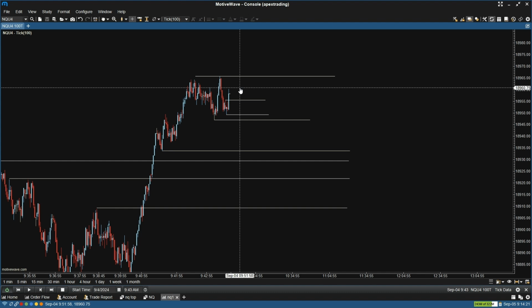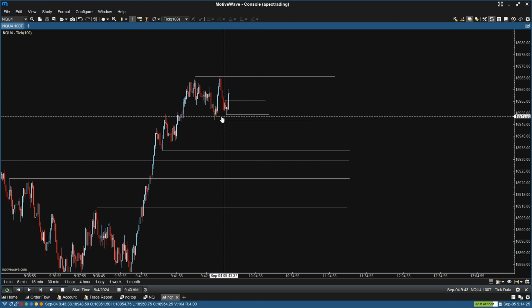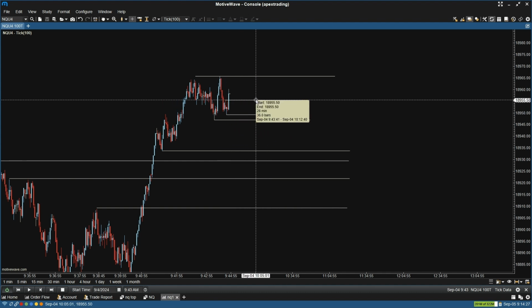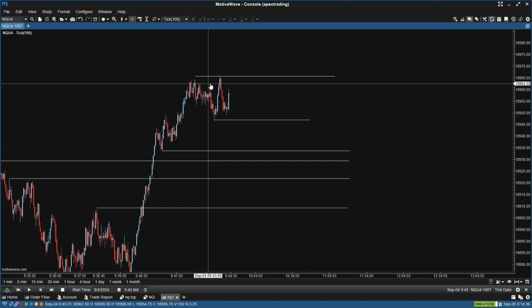And we cut long here and risk it there, but yeah, it's too small for the time frames. I'm just gonna wait a little bit. Maybe we're gonna take this high again.